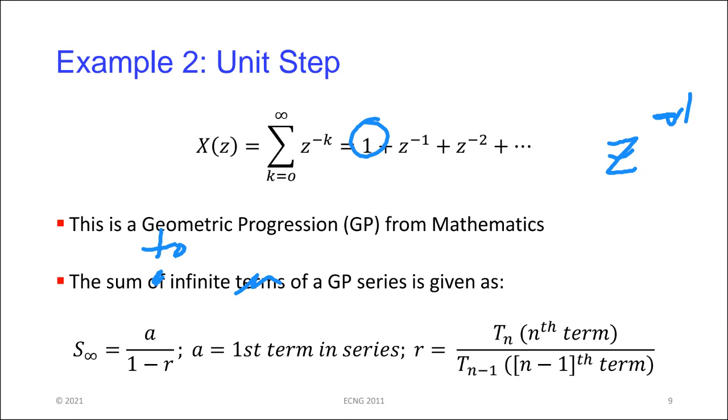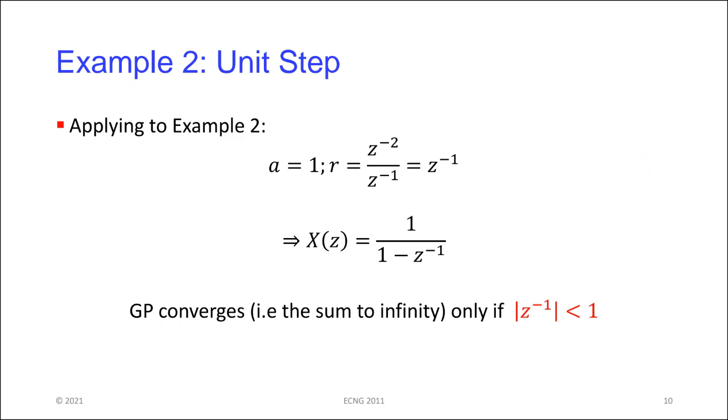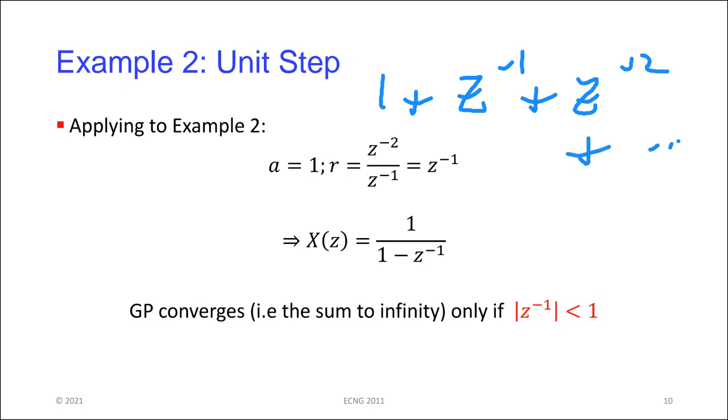That is the sum to infinity of a geometric progression, right? That the common ratio had to be less than 1. So not only A over 1 minus R, but the common ratio is going to be less than 1. And we'll get to that. So if we apply it to what we have here, 1 plus Z^-1 plus Z^-2 plus etc., the sum to infinity of that is 1 over 1 minus Z^-1.